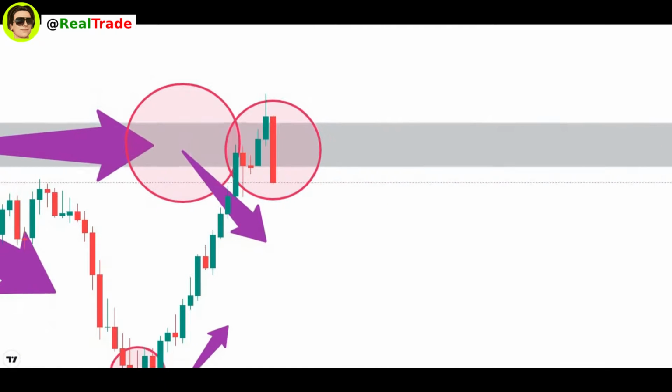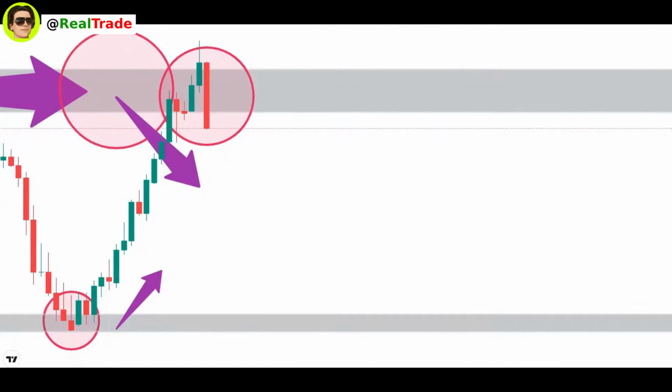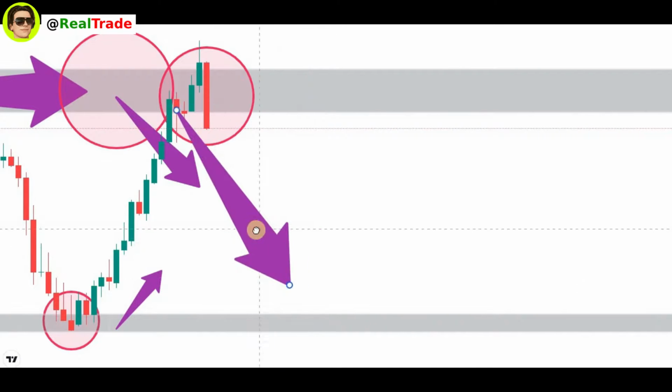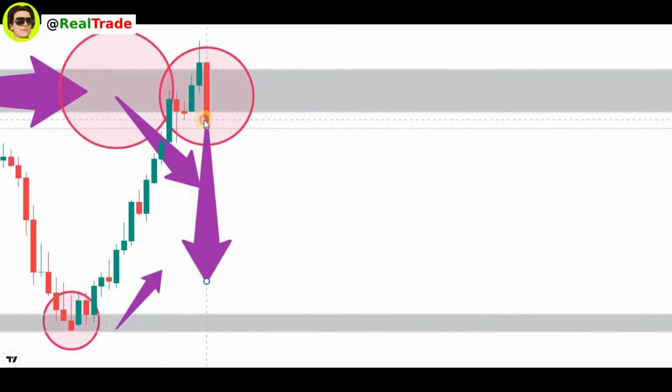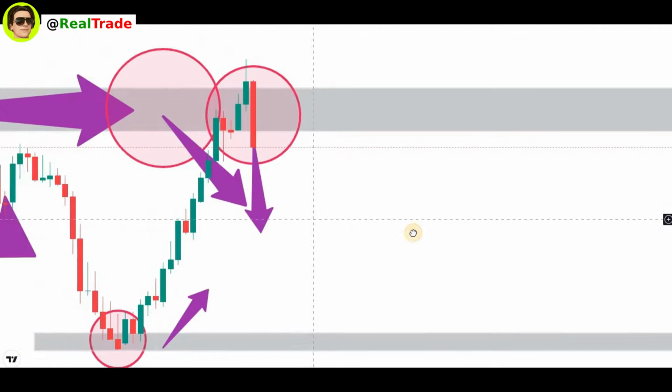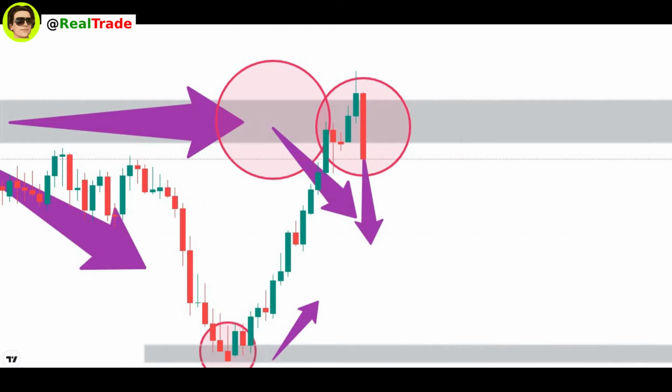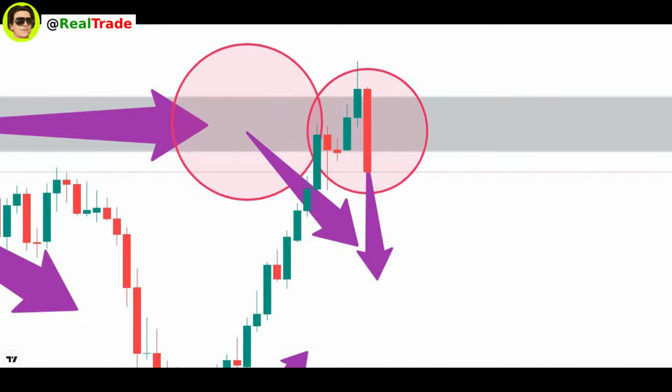Yes, I think the fast sell because have a big candle, full candle, red candle. Yes, continue. Look at the chart.